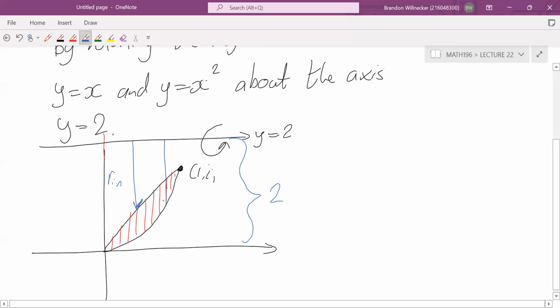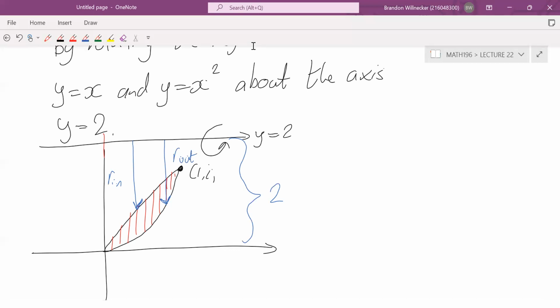And we want this distance here, which is r out, that's the outer radius. Remember, we always measure the radial distance from the axis of rotation to the curve. In this case, the axis of rotation is y equals 2, so we measure the distance from there.